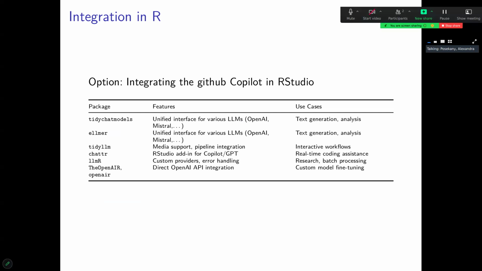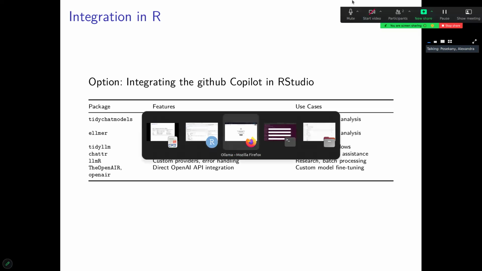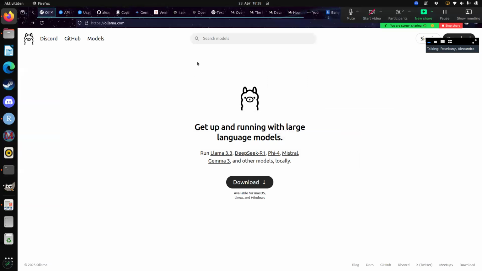And then I dove into what kind of models are out there. And I also tried out the GitHub Copilot for RStudio. So if you're already registered on GitHub, you can easily activate the Copilot there for free. Yeah, so this is Ollama.